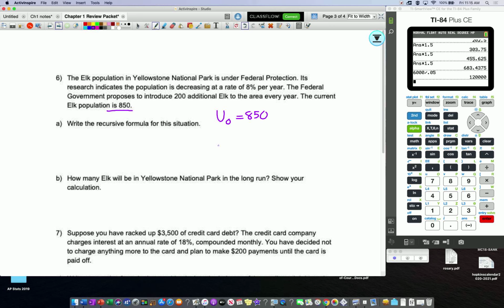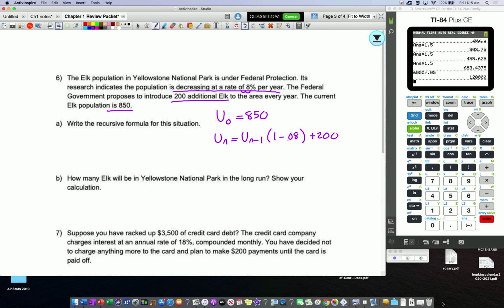So what's going to happen with our elk population, U sub n equals U sub n minus 1. So what happens is it's decreasing at a rate. So probably, natural death and being killed by predators, probably like wolves and bears maybe, probably mostly wolves. Okay, so I go 1 minus, change that percentage to a decimal, so minus 0.8. However, the government's going to introduce 200 additional elk to the area.